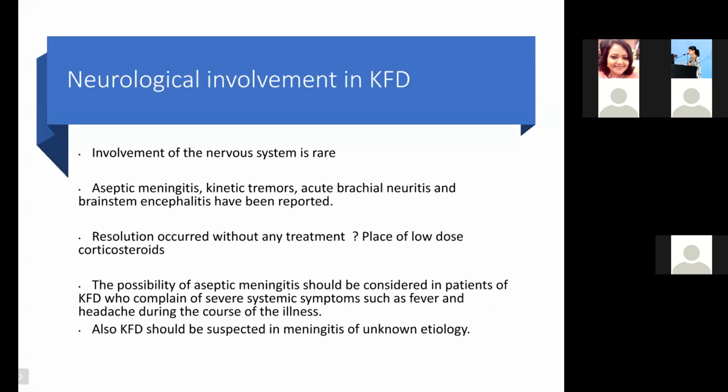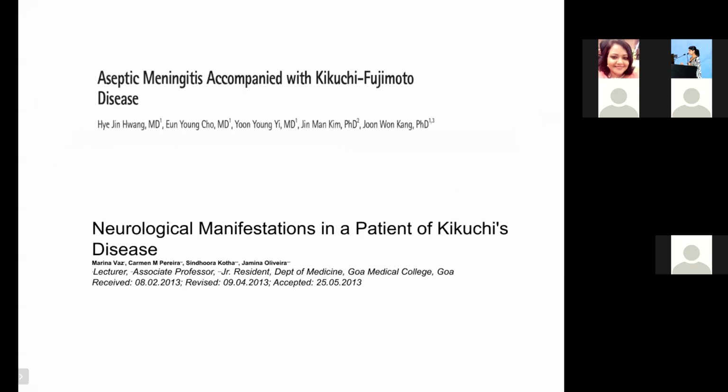Resolution occurred without any treatment, but some authors suggested low dose corticosteroids to shorten the duration of the illness. The possibility of aseptic meningitis should be considered in patients with Kikuchi's disease who complain of severe systemic symptoms such as fever and headache during the course of the illness. Also, Kikuchi's disease should be suspected in meningitis of unknown etiology.